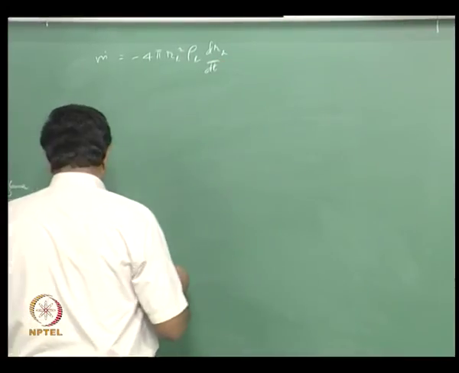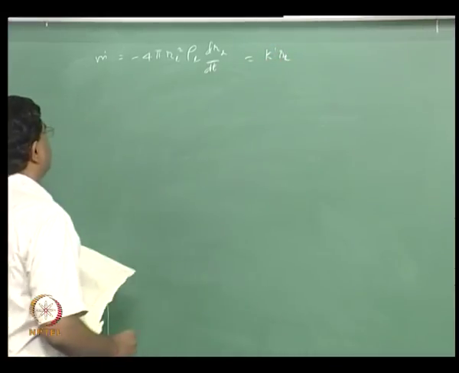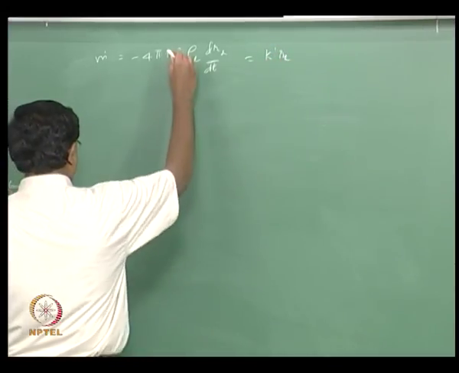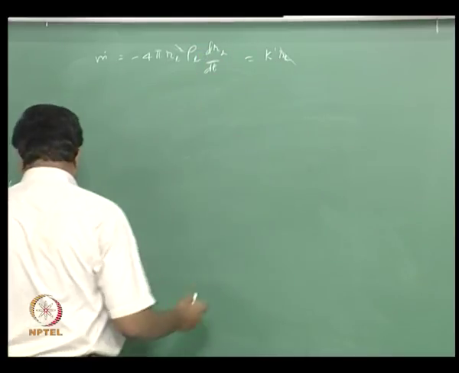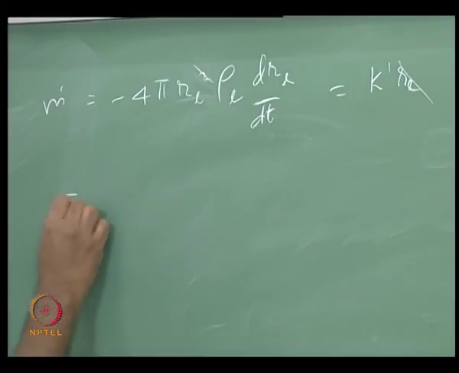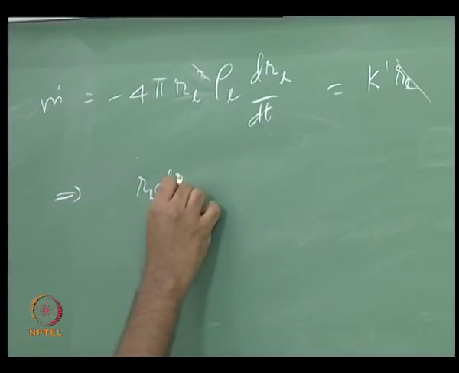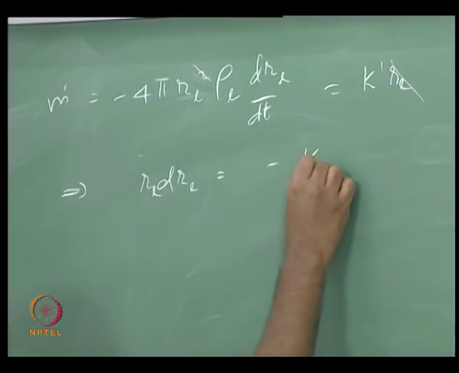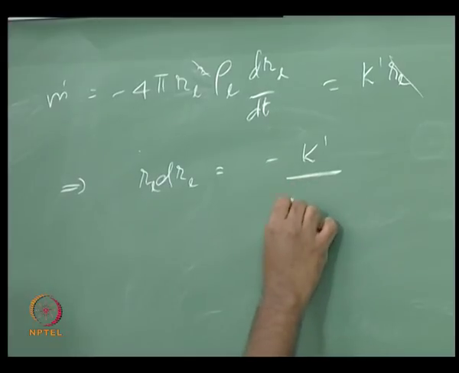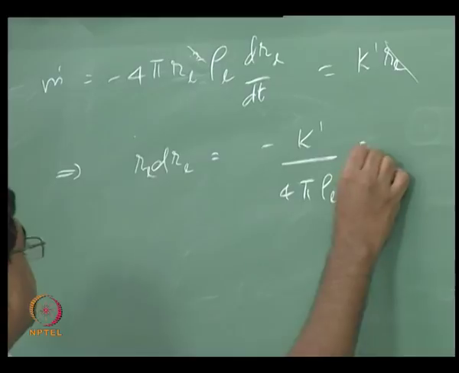So this is now equal to k prime RL, which means we can cancel one of the RLs in the RL squared, and from this we can write RL dRL equal to negative k prime divided by 4 pi rho L dt.